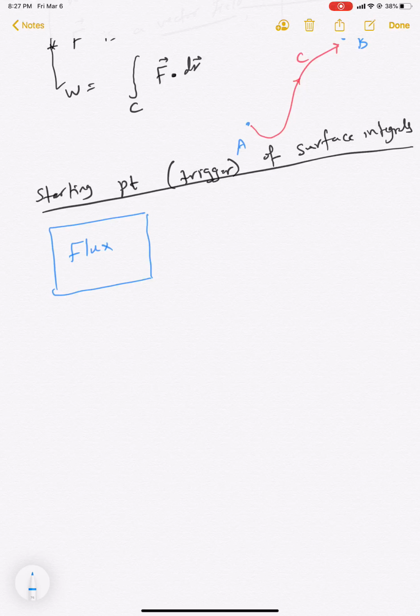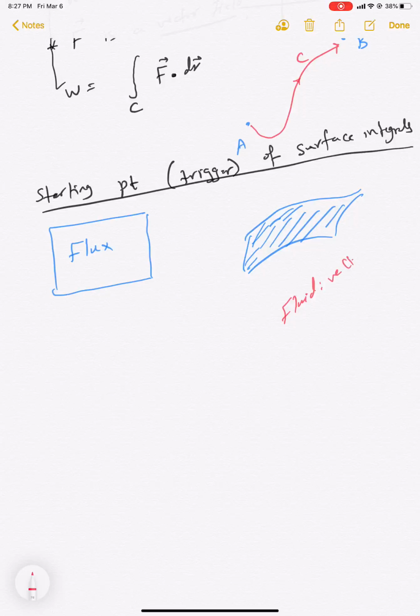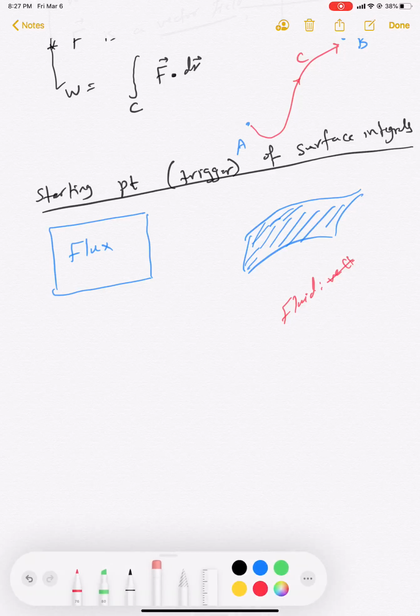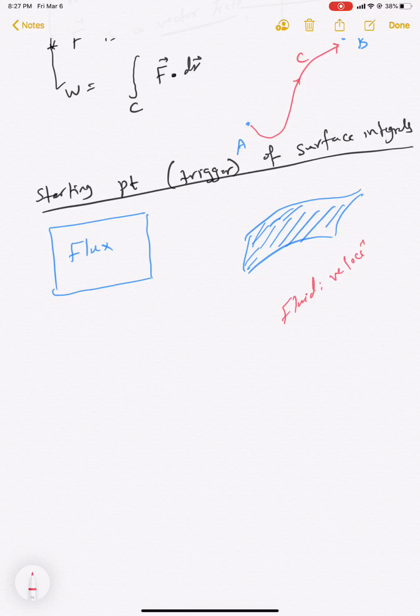What do we mean exactly by the flux? So imagine you have a surface. We're dealing with R3. Imagine you have a surface, and you have a fluid, a certain fluid, and the velocity of this fluid, so the velocity is F as a vector.